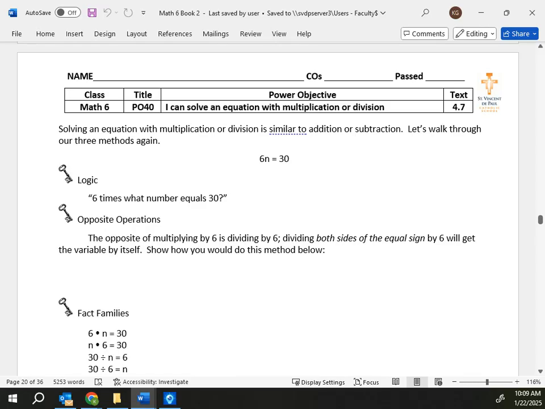Remembering that if the number's right next to the letter, it means multiply. If it's a fraction bar, it means divide. We need to remember those things. For those two objectives, do the logic question, do the opposite operation, or do the fact family to solve your problem. Figure out what that missing number is.